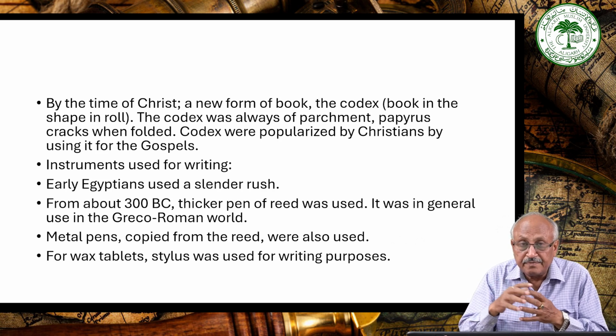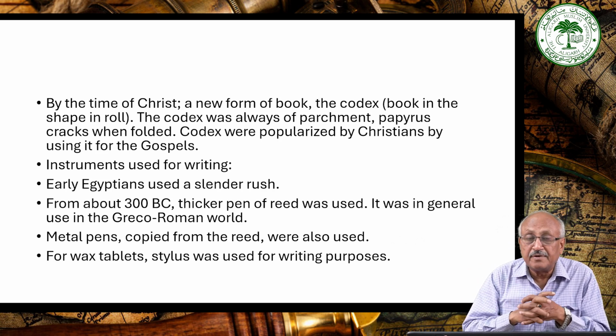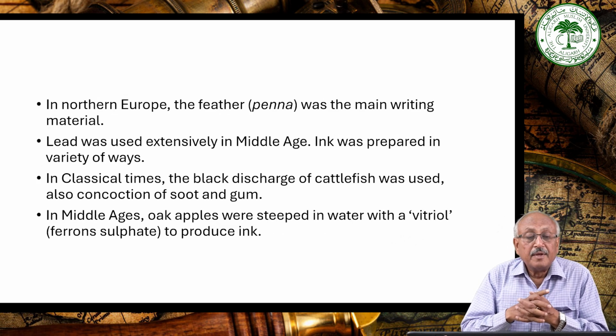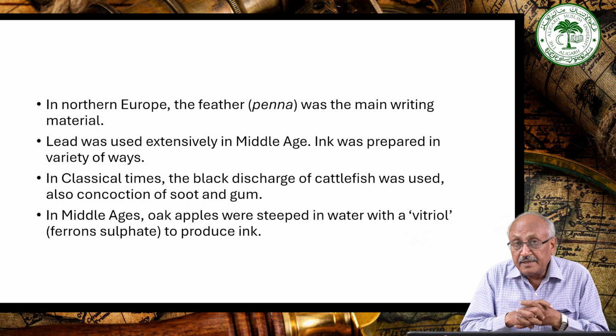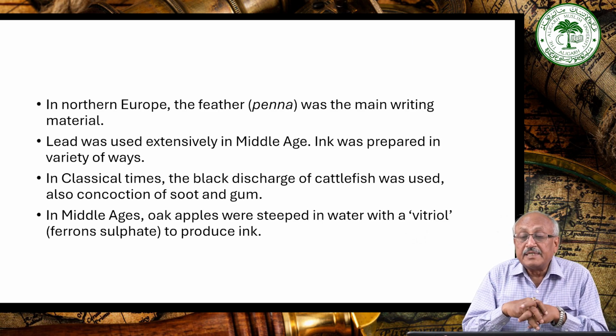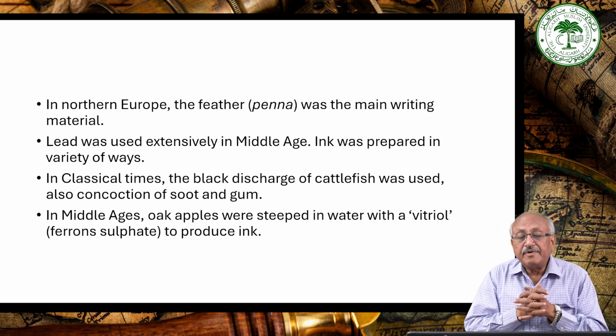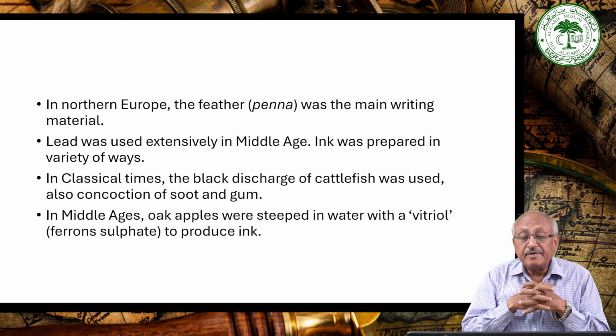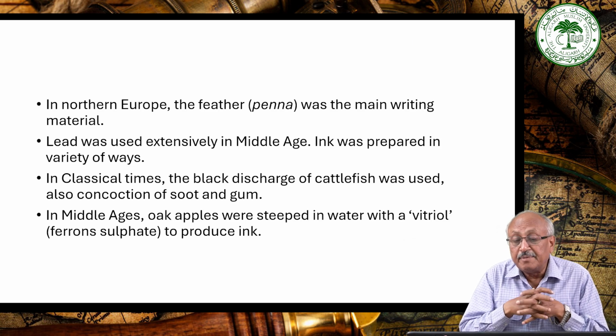Our kalamkaris of Machilipatnam used this kind of metallic pen. For wax tablets, a stylus was used for writing. In Northern Europe, the feather, that is penna, from which the word pen has come, was the main writing material. Lead was used in some cases, we have found lead also. Lead was used extensively in the Middle Ages.